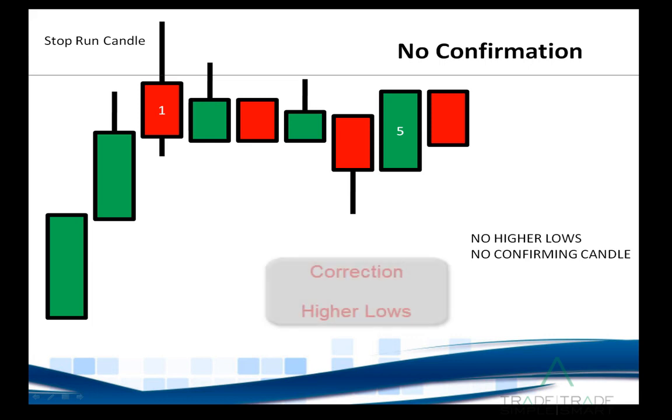There are also no lower highs which have formed, and by candle 5 we would be voiding the trade. Okay, so we'll be looking for another opportunity elsewhere, or alternatively we'd wait for a higher low to enter into the market, or we'd wait for the M formation to form, and then we'll be looking for a new opportunity with a new stop run candle.